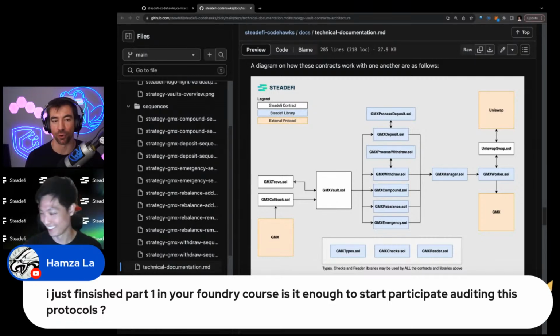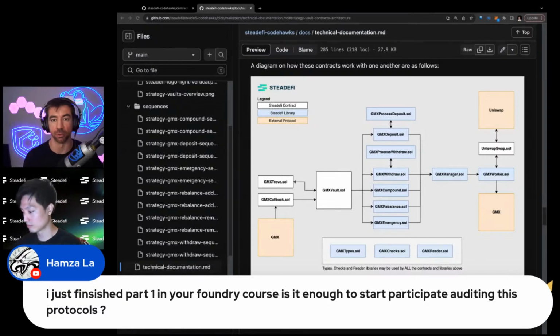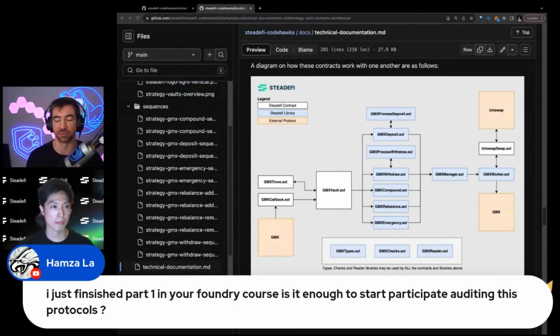You can pretty much always start doing security reviews and doing audits whenever you want. And that will actually hyper accelerate your learning, because doing actual security reviews and audits will make you learn so much more, so much faster. I will advise that you should probably finish parts 2 and 3, because we talk about a lot of DeFi stuff.